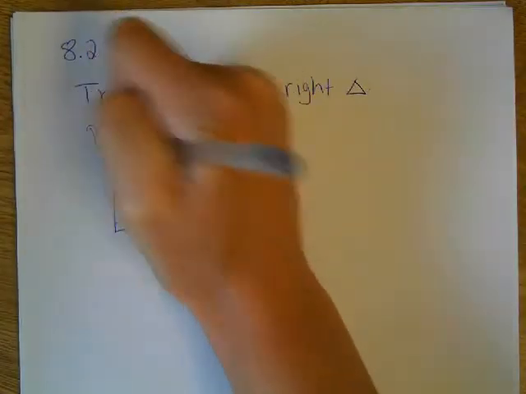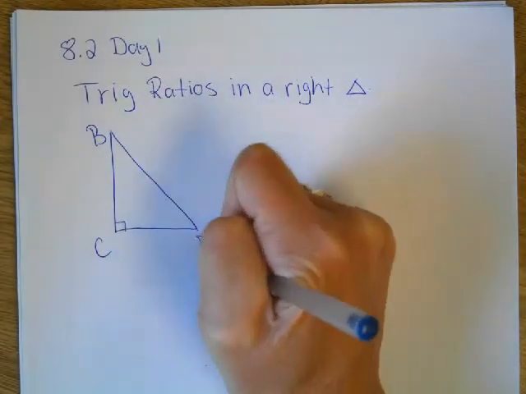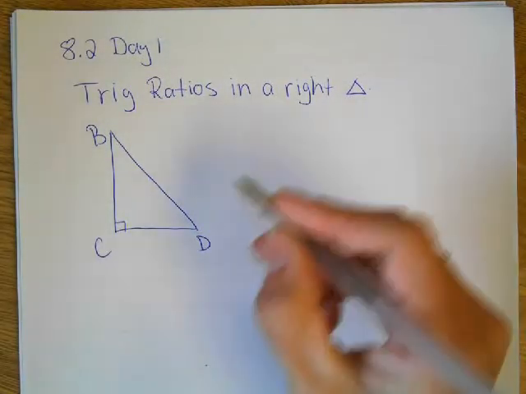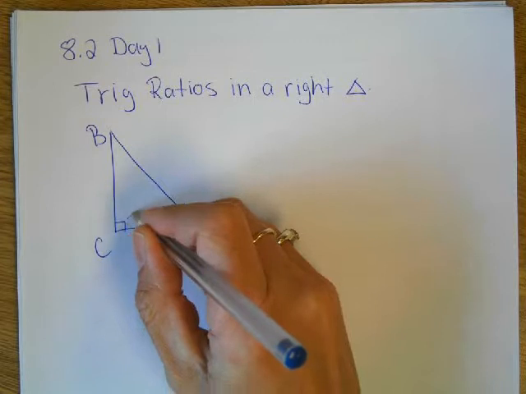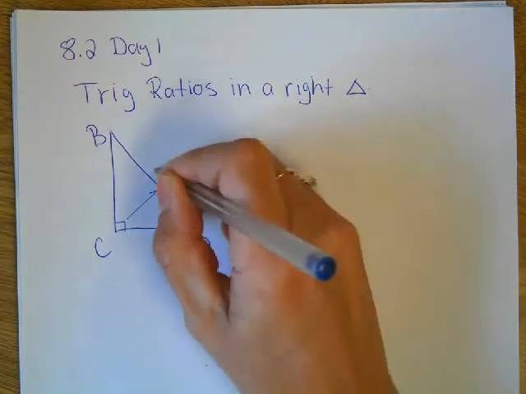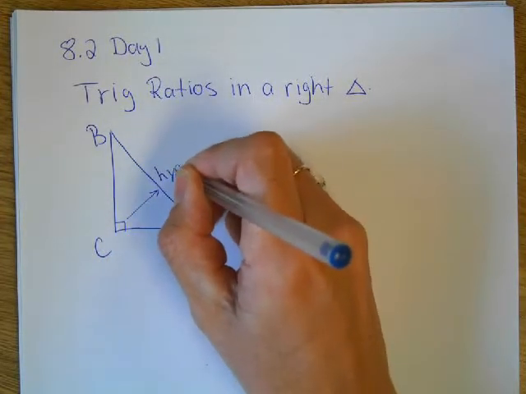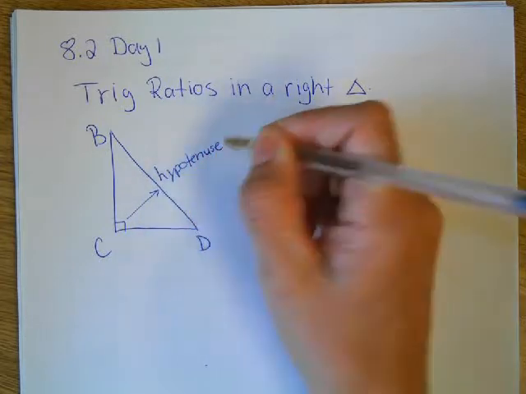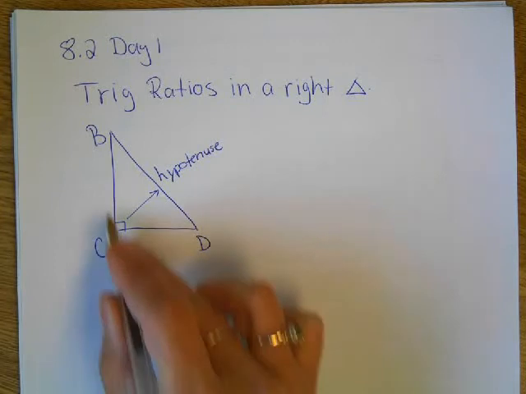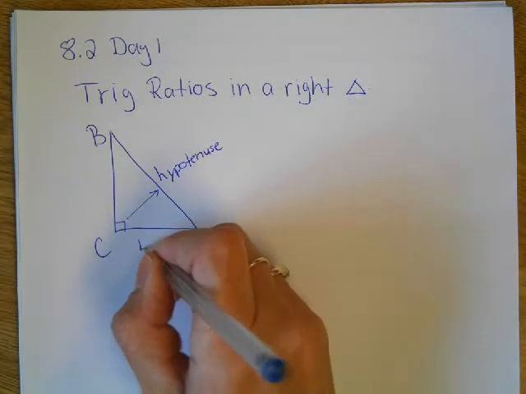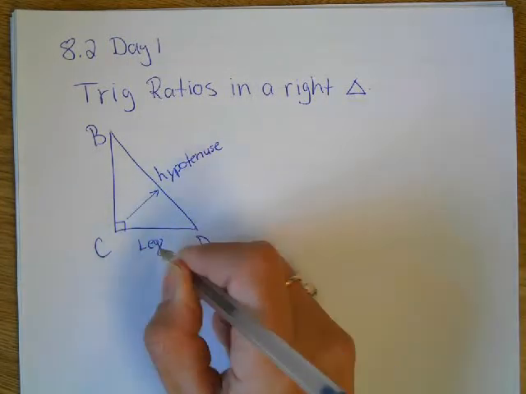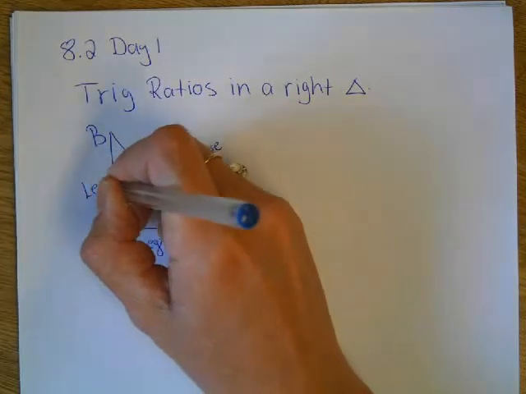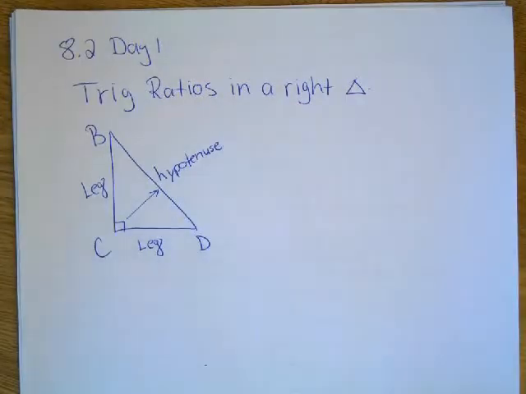Let's go angle B, C, D. And remember, the side across from the 90-degree angle is always called the hypotenuse. And then the two sides that make up the right angle are the legs of the right triangle. So you've got a leg here and a second leg.